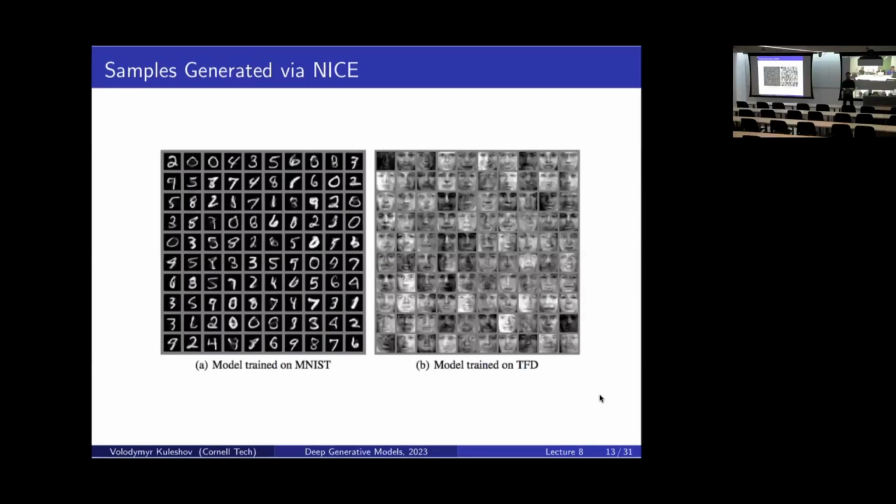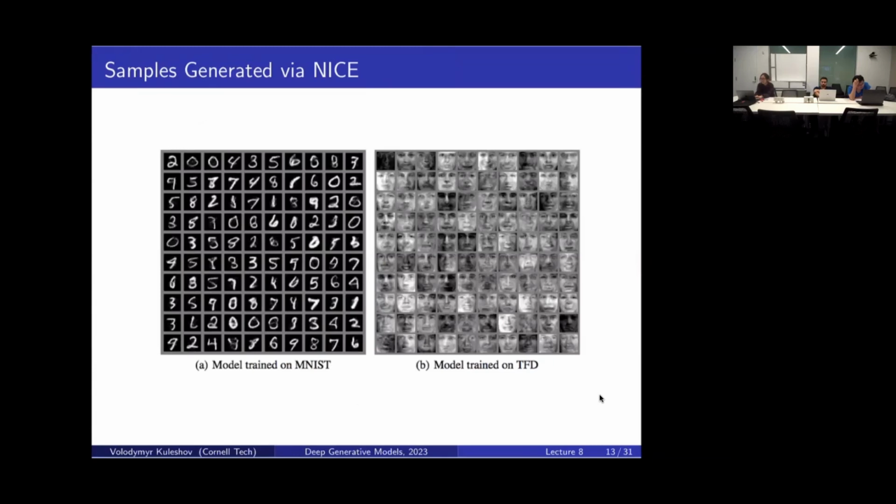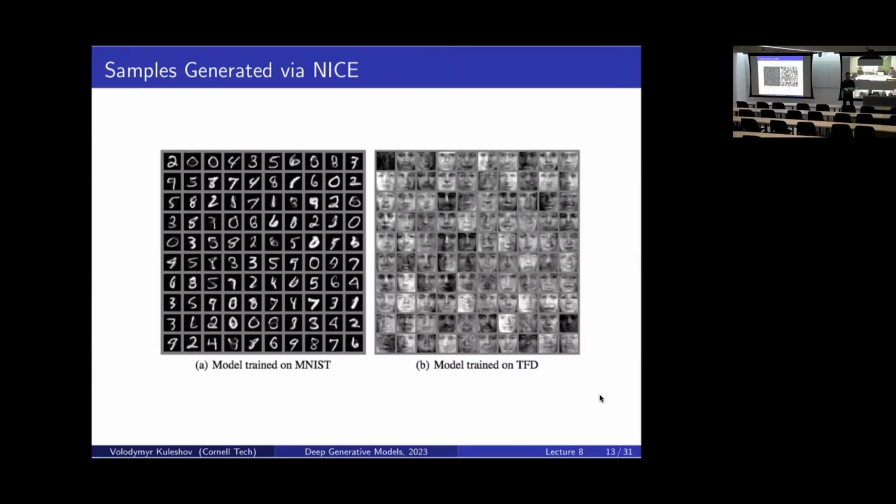And we can visualize what this model can do. Again, this is an early model from 2014 or 15, I forget the exact year. These are samples from the paper. It was tested on some very simple data sets, but at least this is the first normalizing flow model that can actually generate some images.